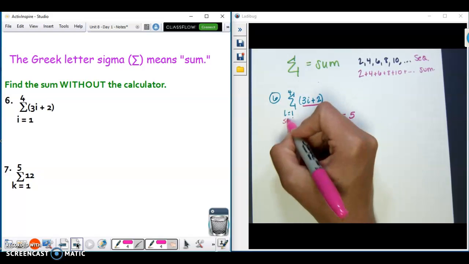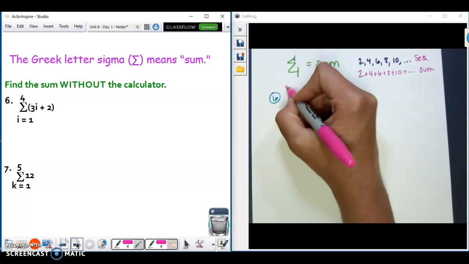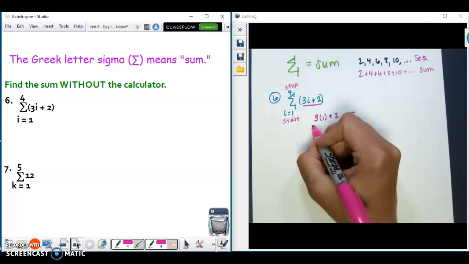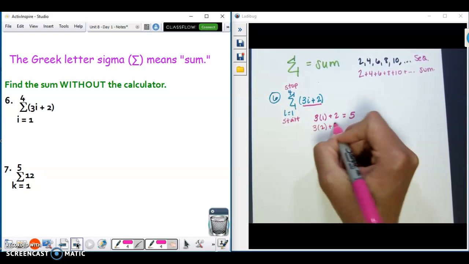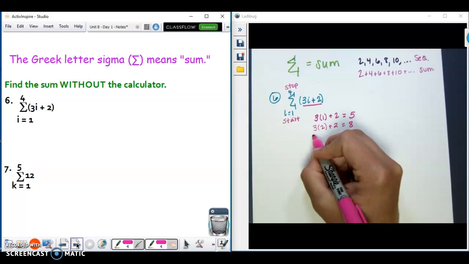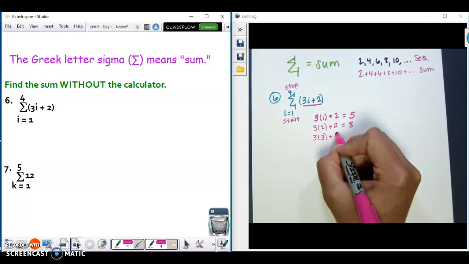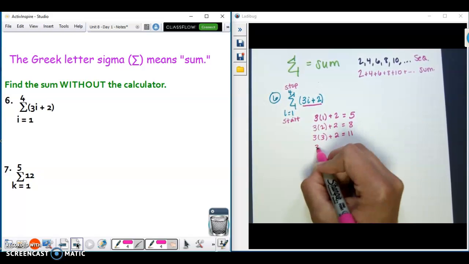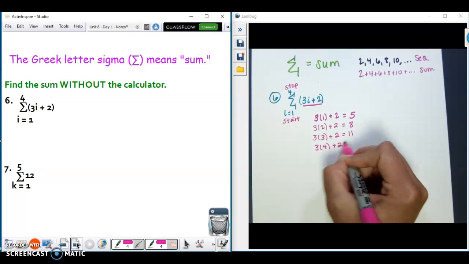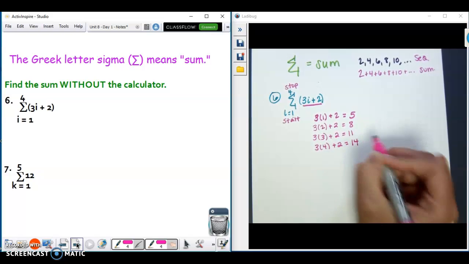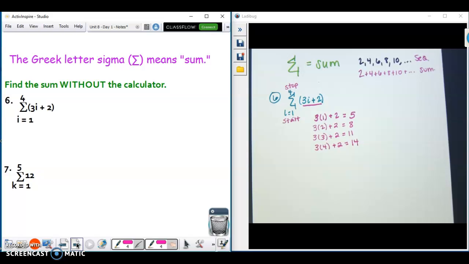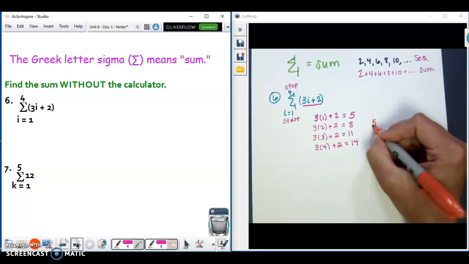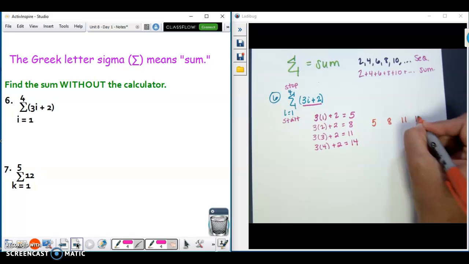So this tells you where to start plugging in, and this tells you where to stop plugging in. So once again, the bottom number tells you where to start plugging in, the top number tells you where to stop. So we have 5, 8, 11, and 14.